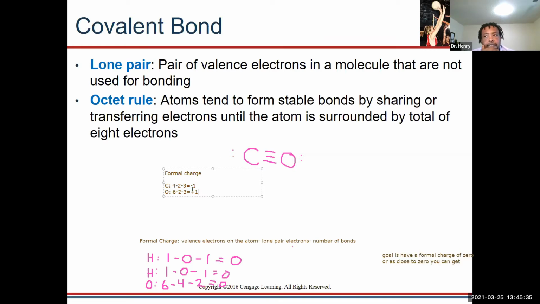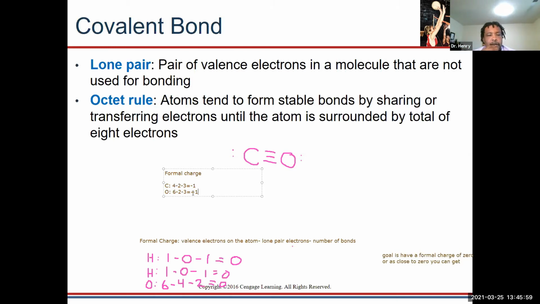But you notice this guy is a -1 and a +1, right? Normally, under the best circumstances, you want your negative value on the one that is the most electronegative. So we would normally want it on oxygen. And then we'd want the positive on carbon, because carbon is less electronegative. However, this guy is an exception.